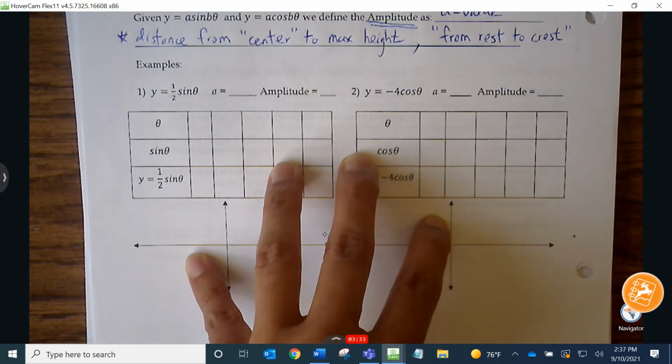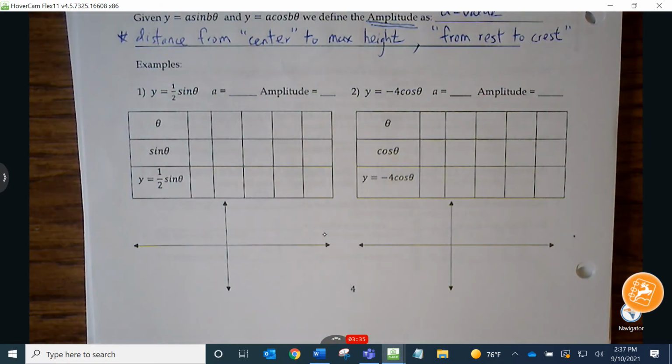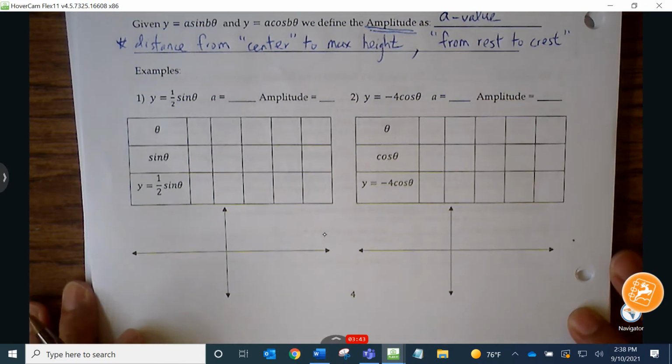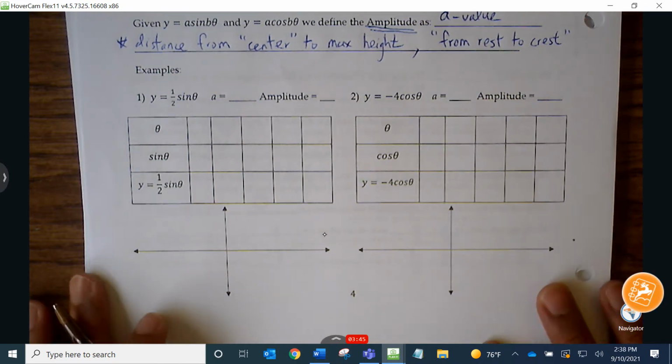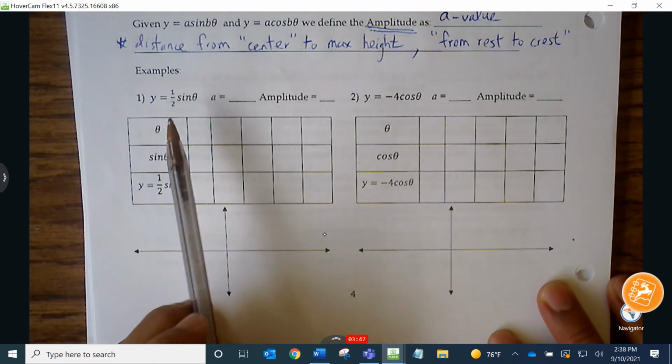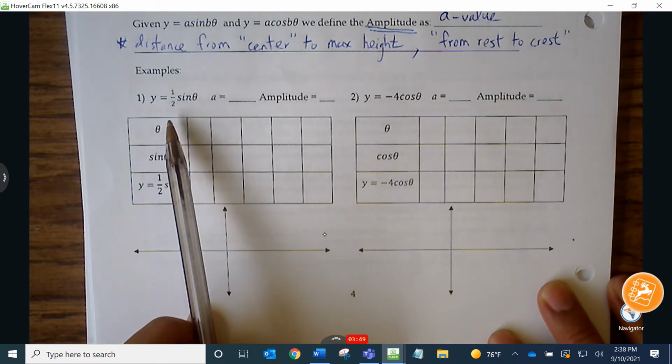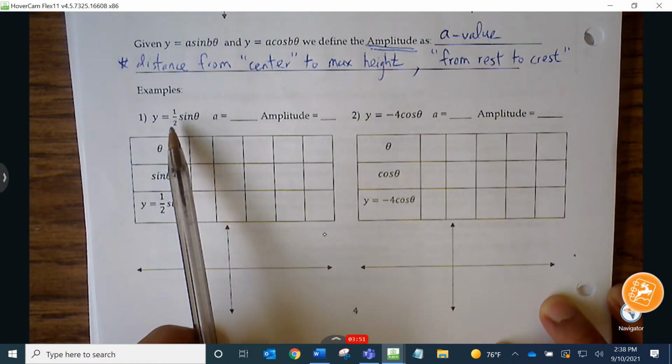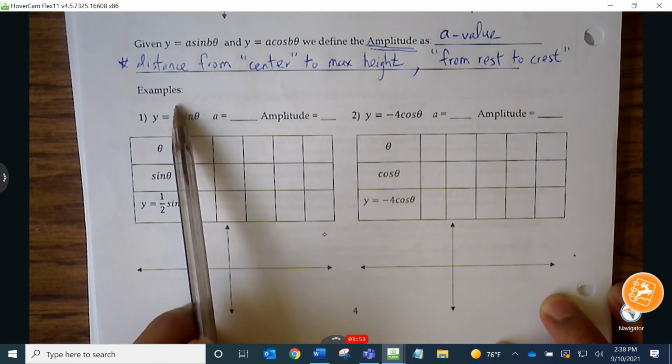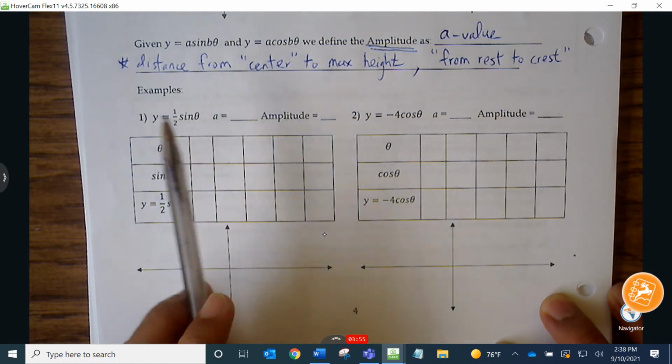All right, so let's go down to the bottom of the page. And let's talk about y equals 1/2 sine of theta. Okay. Now, what's the a value here? 1/2. Okay, it's always going to be the coefficient in front of the trig function.